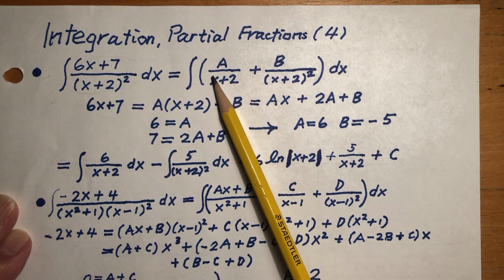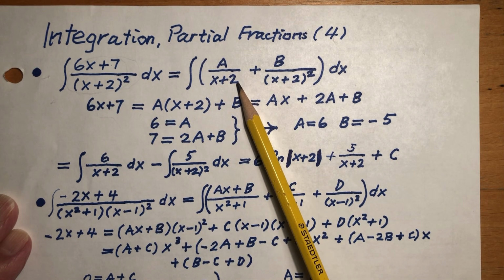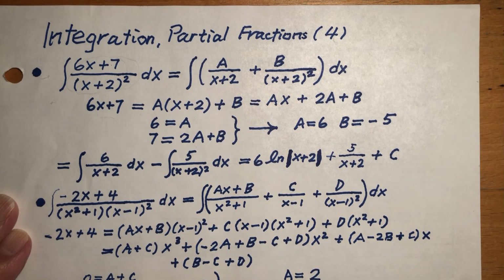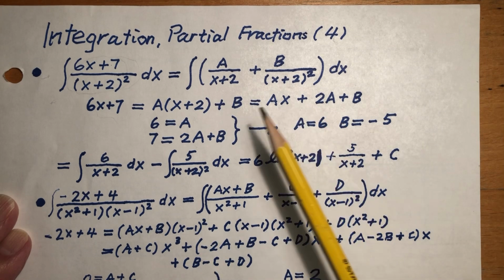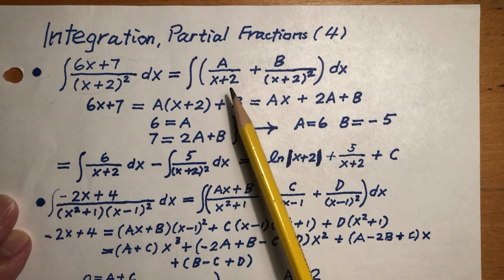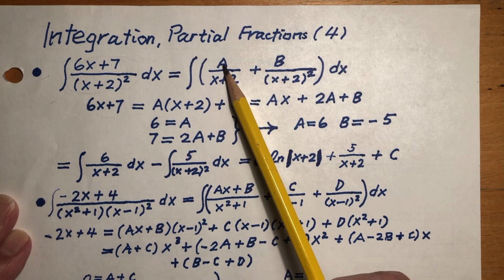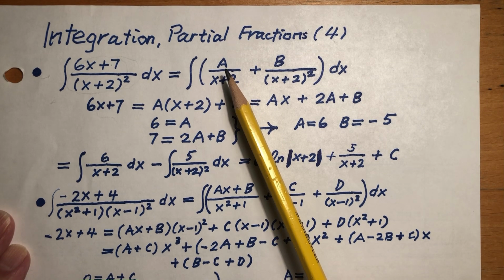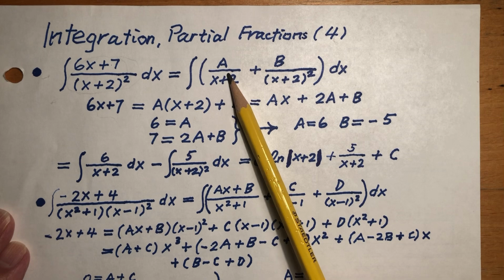Another one we use exponent 1. This is how you write the partial fraction. And A and B are two constants to be determined.